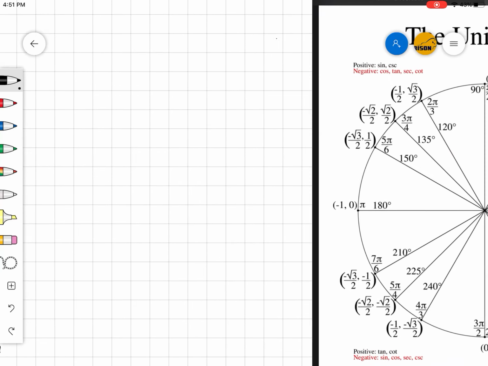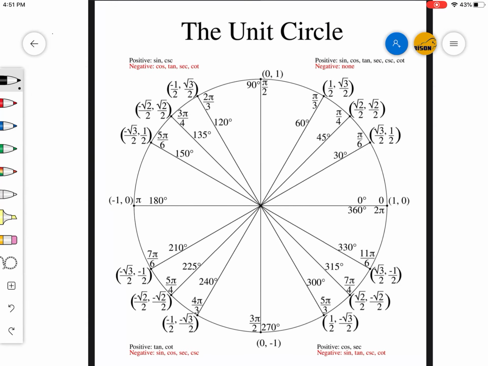Now, here's what I have to show you. Over here on the unit circle, just real quick, there are multiple places where the sines equal the same. For instance, sine is 1/2 right here at pi over 6, but sine is also 1/2 over here at 5 pi over 6, because you remember these are ordered pairs, and cosine is the first number and sine is the second number in the ordered pair.